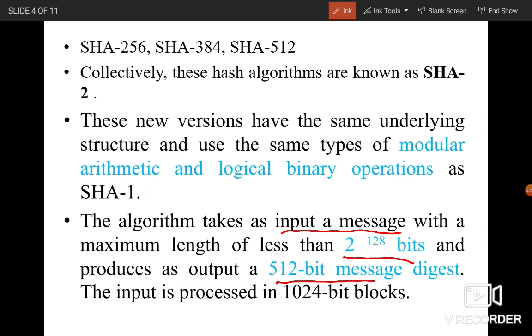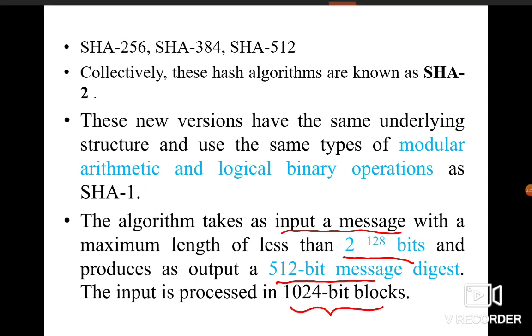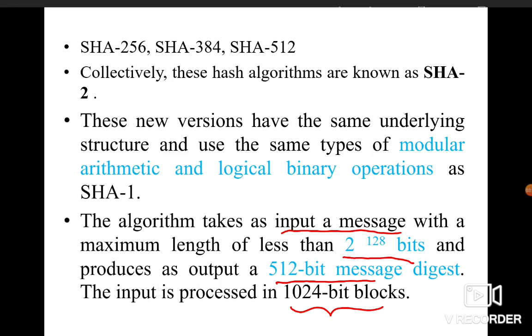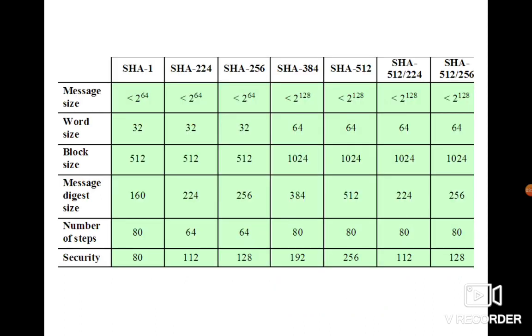Every block of input is processed as 1024 bits. So this is the general structure. The SHA algorithm takes as input a message with a maximum length of less than 2 power 128 bits, the output of this algorithm is a 512-bit hash code, and we are processing the input as 1024-bit blocks.